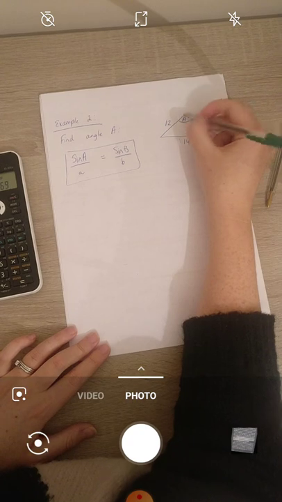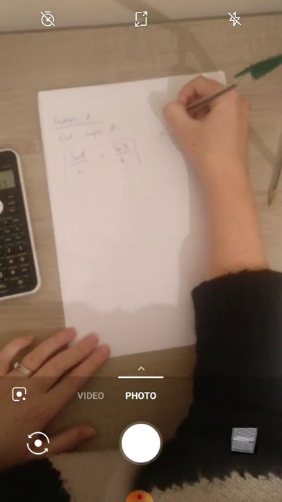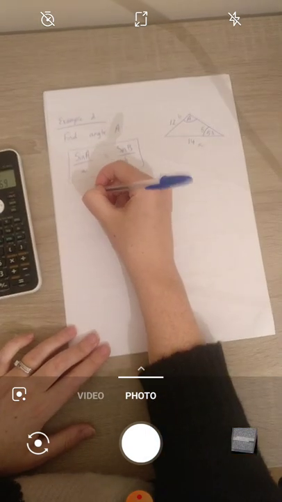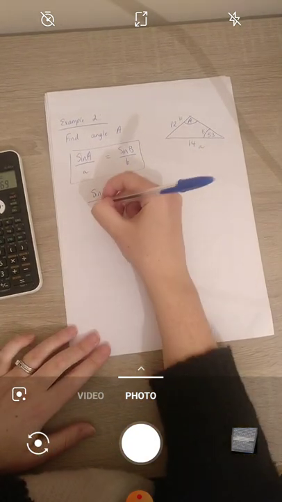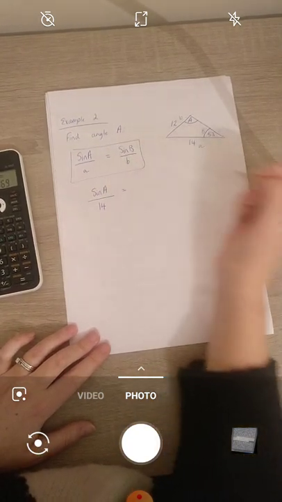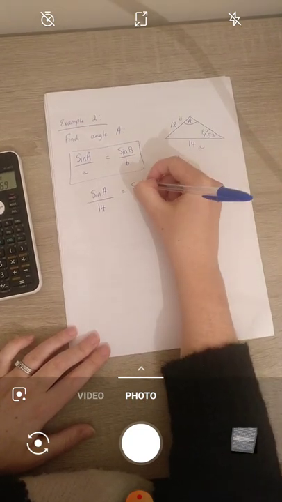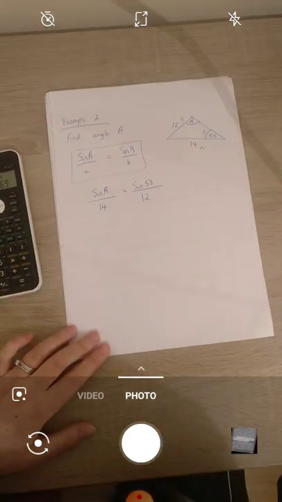We're trying to find capital A, which means that 14 has to be small a, and then 12 has to be small b, and 53 has to be capital B. So sine of A is what we're trying to find, over small a is 14, equals sine of capital B, which is sine of our angle, which is sine of 53, over small b, which is 12.